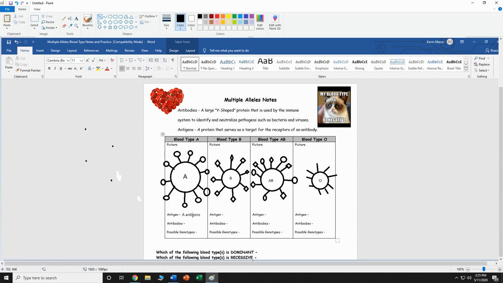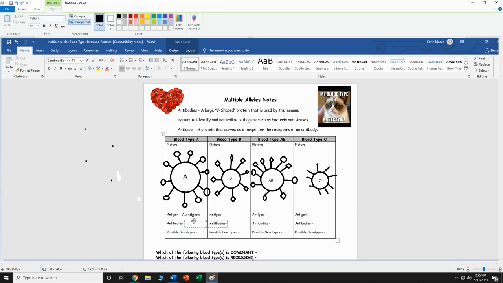Okay. So here's where it might make a little bit more sense, all this stuff that I've been doing. So antigens are going to be the A antigens. Antibodies are going to be anti-B antibodies. So let me go and write that in there. Anti-B antibodies.